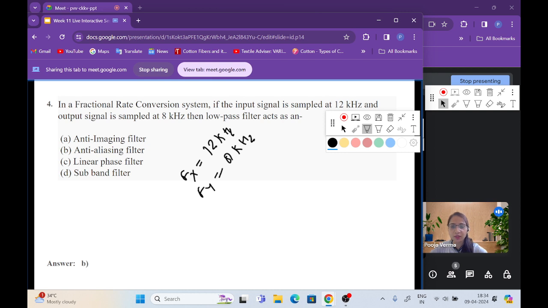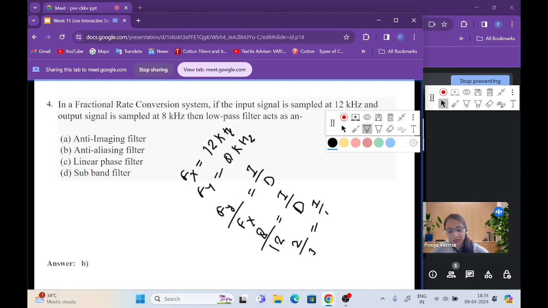So let's see how the low pass filter will act. As we know, the relation Fy by Fx is equal to I by D. The output signal is 8 kHz and input signal is 12 kHz, which is equal to I by D. So we will get 2 by 3, where I is equal to 2 and D is equal to 3, right?